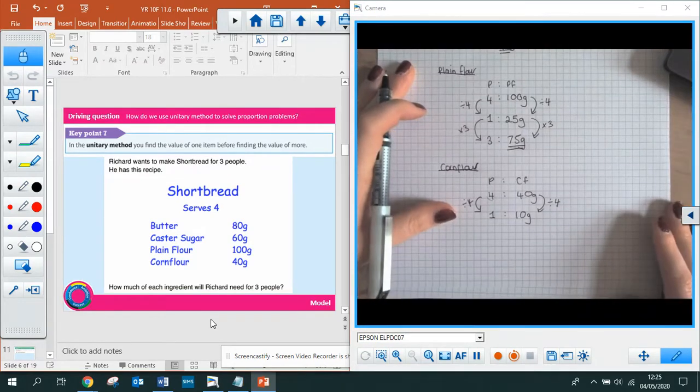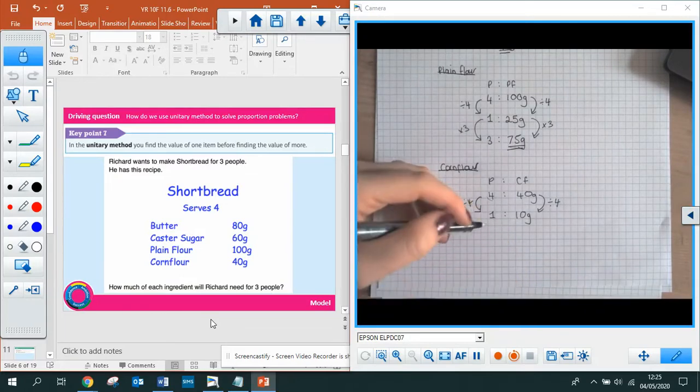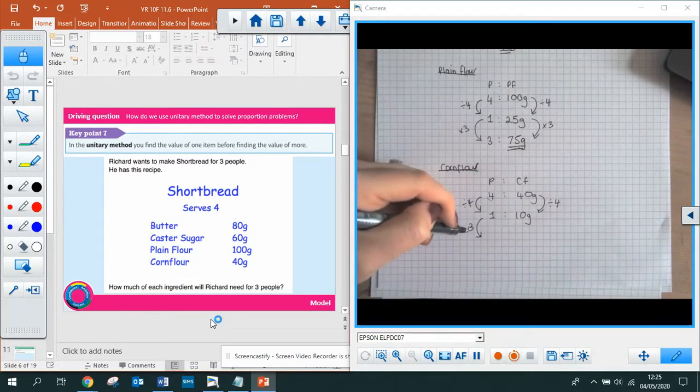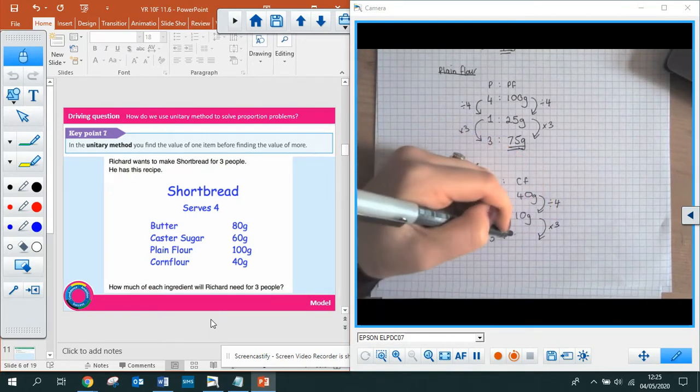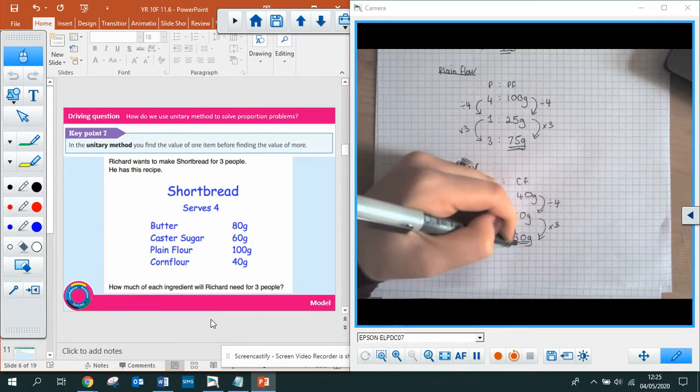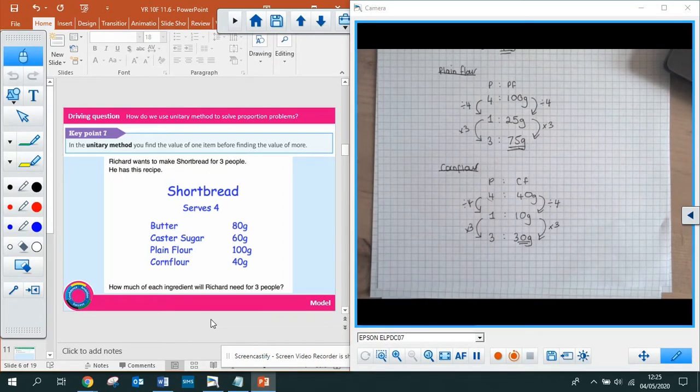Then I need to get from 1 person to 3 people, because that's what the question's asked. So I multiply both sides by 3, and 3 people will use 30 grams of corn flour. And that's it, you found your answer. So you work out what is needed for 1 person, and then multiply that up by the number of people that they're asking you the answer for.